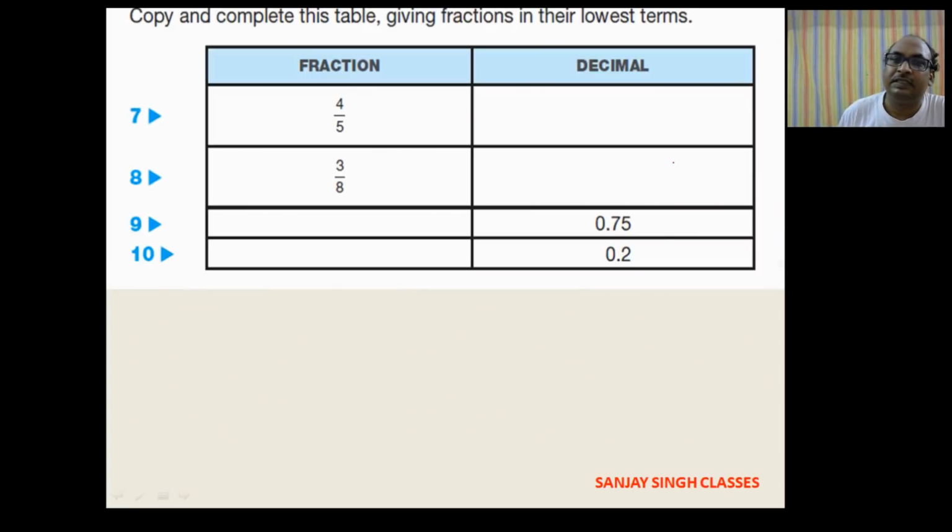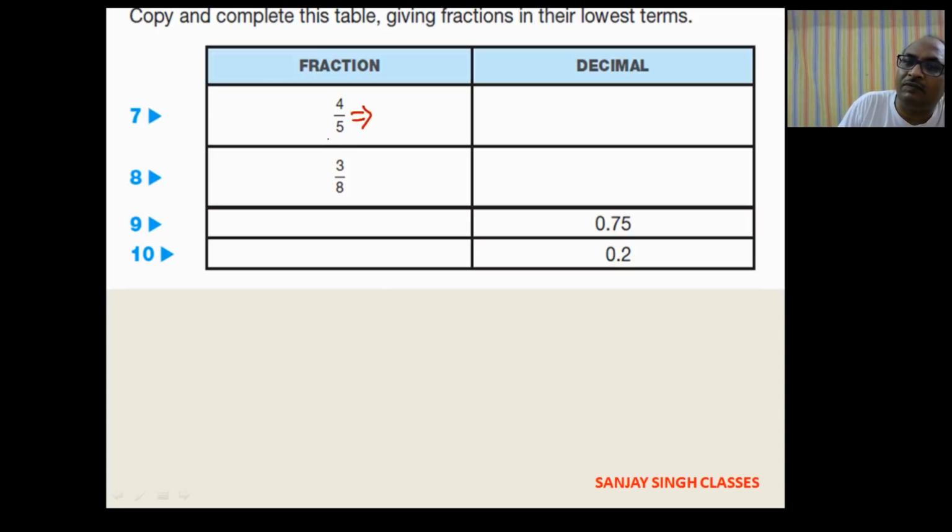Right. Now in this, we need to complete this table, giving fractions in their lowest terms. Right. So we are given 4 by 5. Now this 4 by 5, what we have seen is that if we are converting into decimal, we simply need to divide.